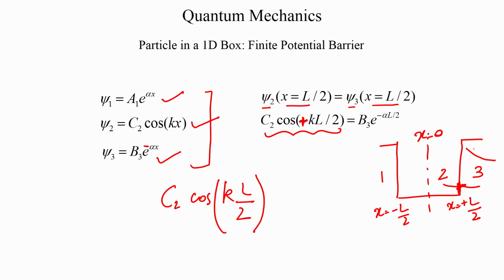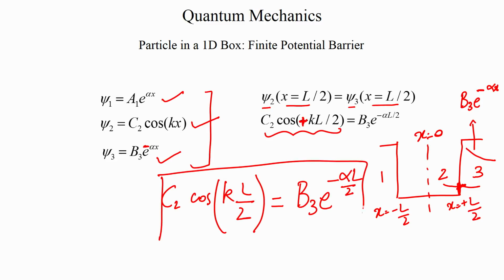We saw that only the decaying term is allowed here. Once again there is a typo here, there should be a minus sign. Therefore at x equal to L by 2, psi 3 takes a value of b3 e to the power minus alpha L by 2. So this is the first condition, which is simply the continuity at L by 2.